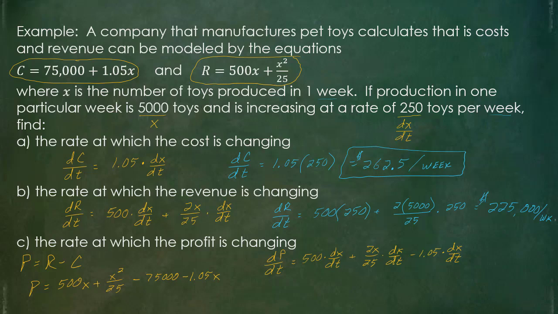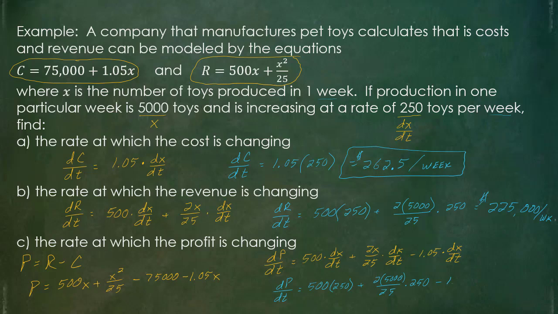And now if I go ahead and plug in the values that they wanted, my dp over dt is going to be equal to 500 times the dx over dt, so 250. Then plus 2 times the x value, 5,000, over 25, but then times 250.